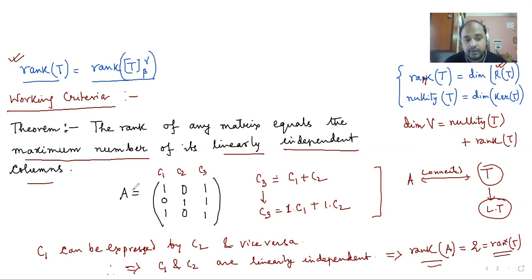So since the rank of the matrix has come out to be 2, if capital A is connected to some linear transformation T, then rank of T will be exactly equal to rank of A. The rank of A and rank of T will be the same, and the value will be 2. Okay. So this is the usage of this particular theorem for the given problem.